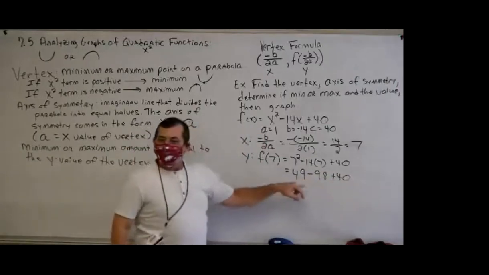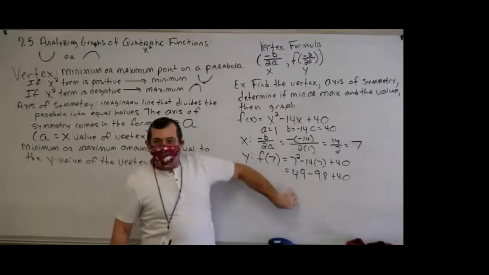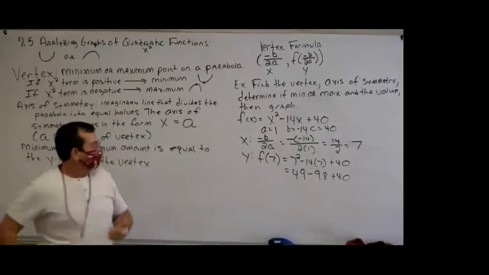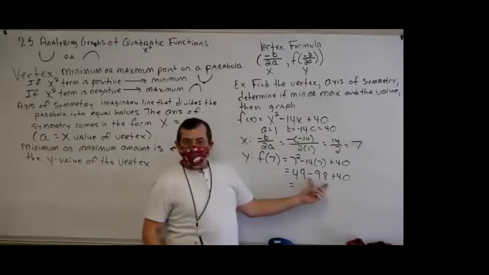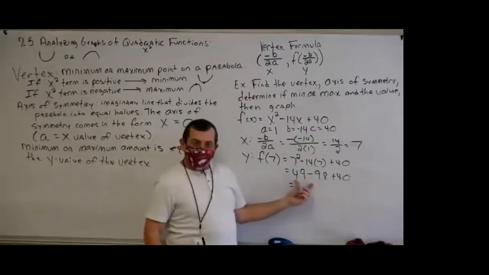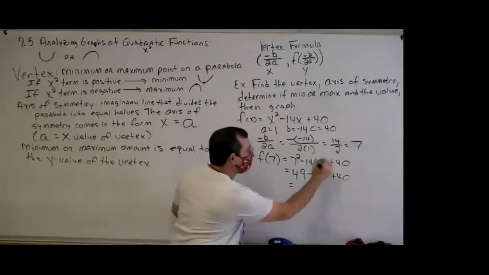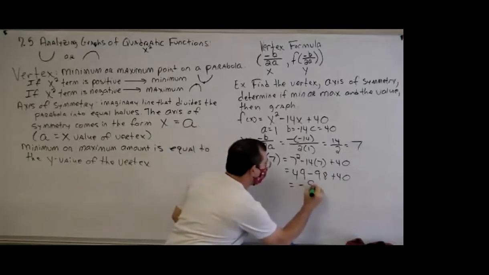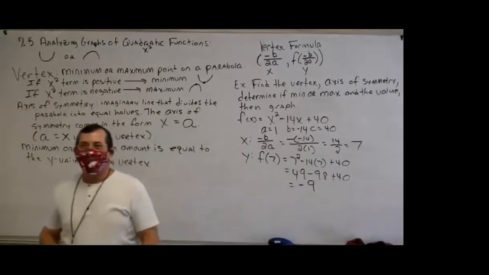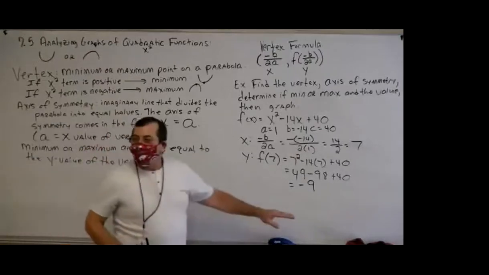Now, the signs might be opposite on these, but this one's always twice as big as this one. So when I'm doing this part, 49 minus 98, that's going to be a negative 49, because it's half of that, right? So negative 49 plus 40 is going to give me a negative 9, which is now my y value.